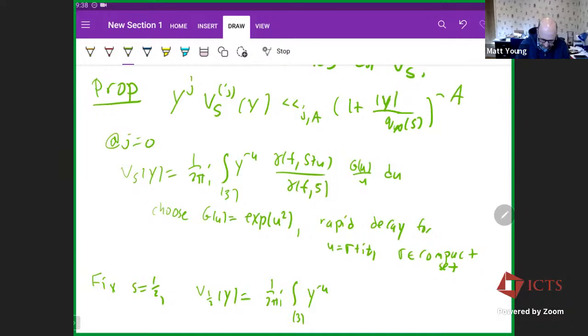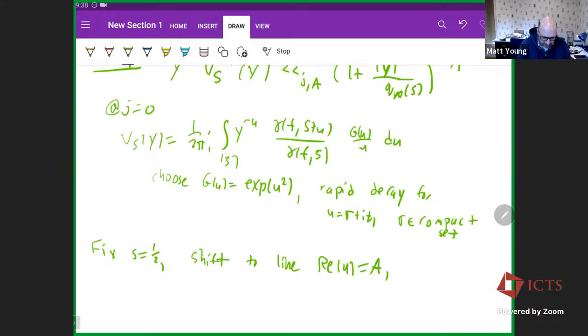If you fix s equals a half, then what you can do is shift contours to the line real part of u equals A, and then you bound with absolute values. You just use the triangle inequality.